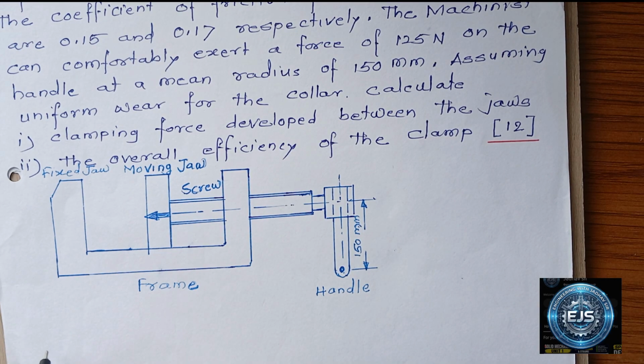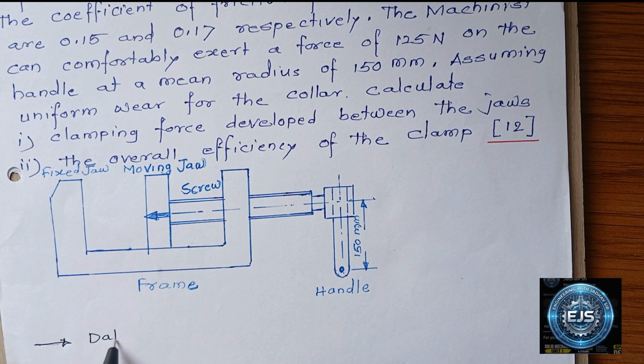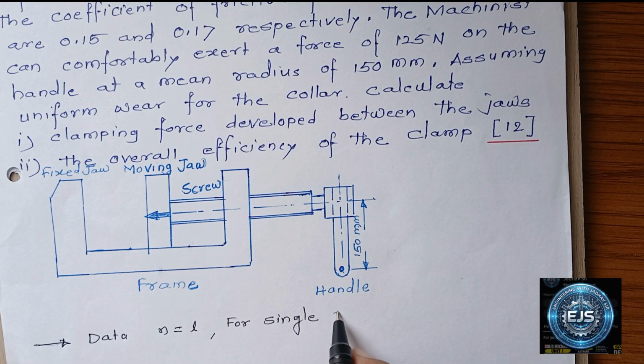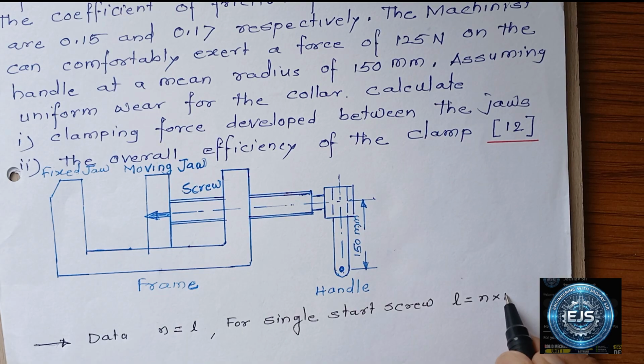The given data of the problem is: it is a single start screw. For a single start screw, N is equal to 1, number of starts. So L is equal to N into P, where L is the lead and P is the pitch. For a single start screw, in one rotation of the handle, the screw advances by a distance equal to the pitch.